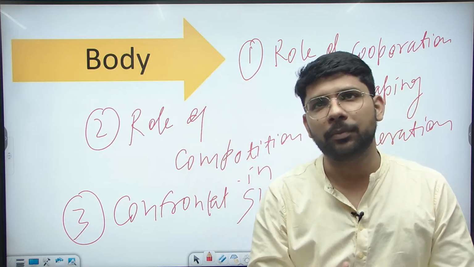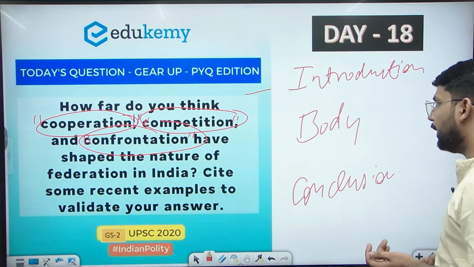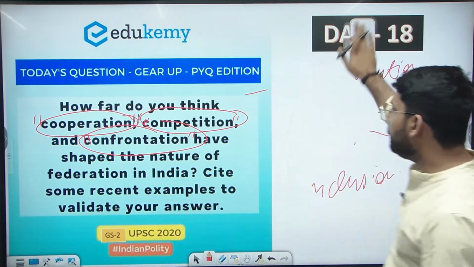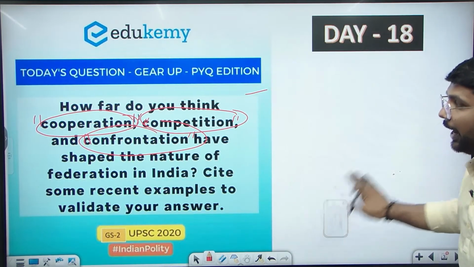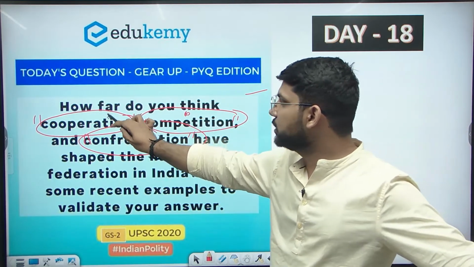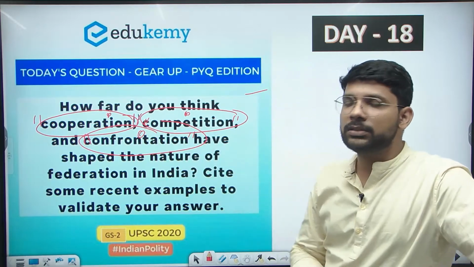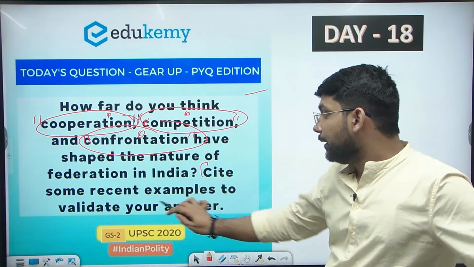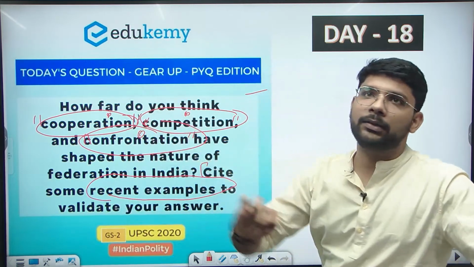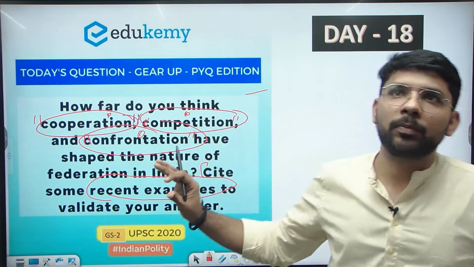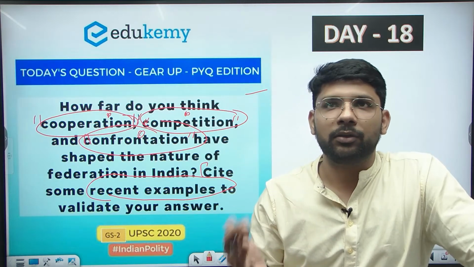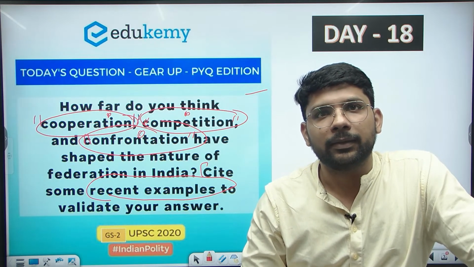If we see the question again, it asks how far cooperation, competition and confrontation have shaped the nature of federation. The question is overall based on these three keywords, and the second part says to cite some recent examples to validate your answer. If you write an argument, you need to validate it with an example. Without validation, the answer is incomplete. Clear?